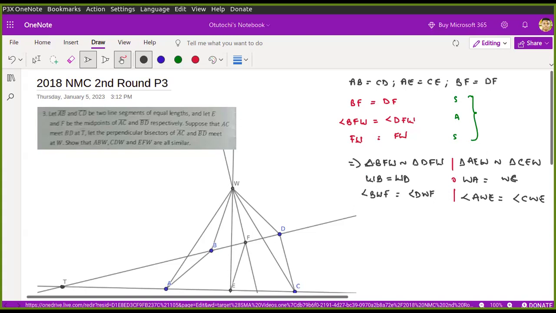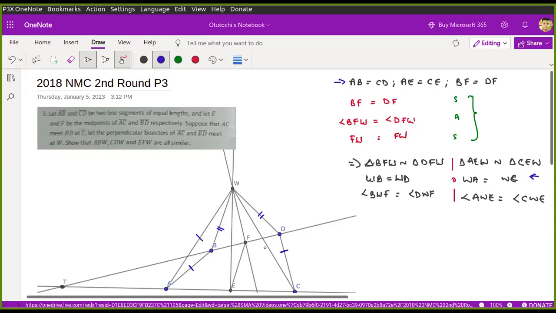Right, so what next can we do? From this, we can notice something, right? We have that AB is equal to CD here, right? So we have AB equal to CD. We also have that WB is equal to WD, right? And also that WA is equal to WC from here.